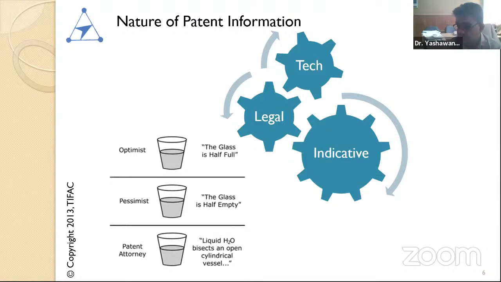All those technical steps which enable the working of the invention are the key element which need to be put into the patent documents. So rather than focusing only on an outcome, focus on each of those steps which enable the technical enhancement in your product and process. And we have to map. And there are techniques to map that.